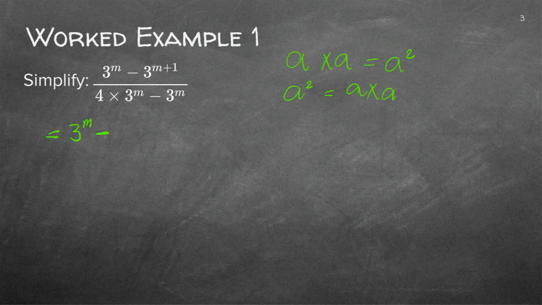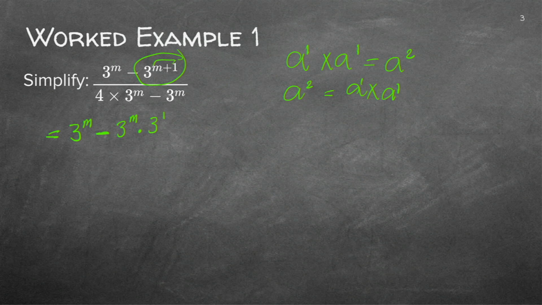So that is what we'll be doing here, because we'll be breaking down that part of our expression. We need to go back to the rules of exponents that when you have the same base, you can simply add the exponents. That is why a times a was a to the power of 2. So we'll write this as 3 to the power of m multiplied by 3 to the power of 1.